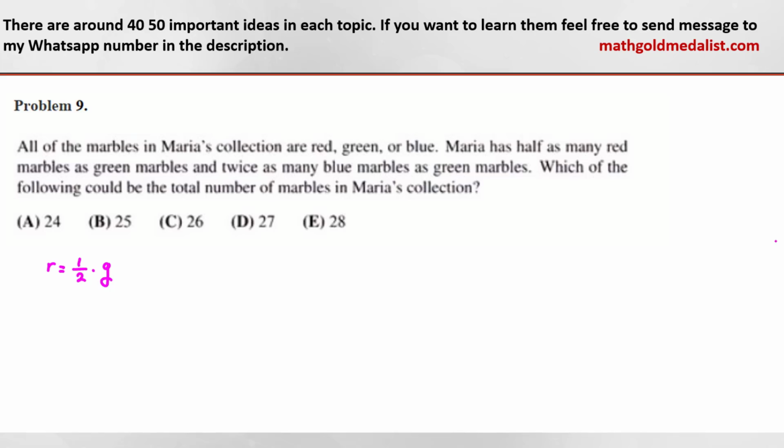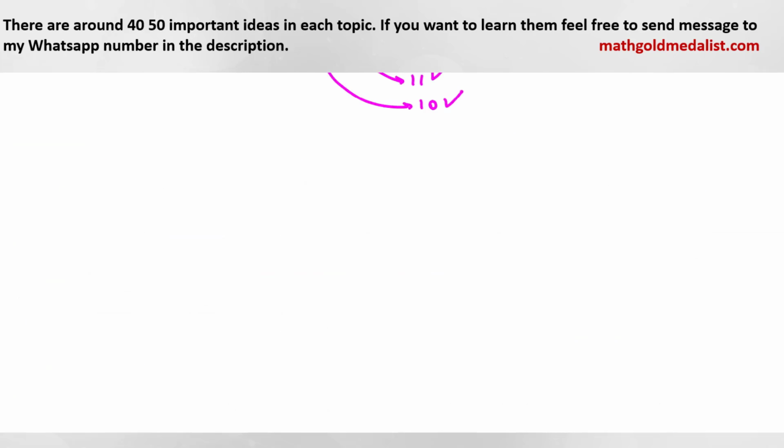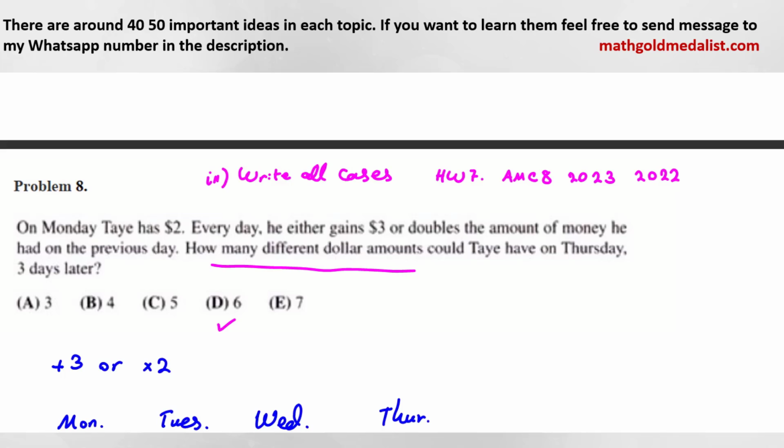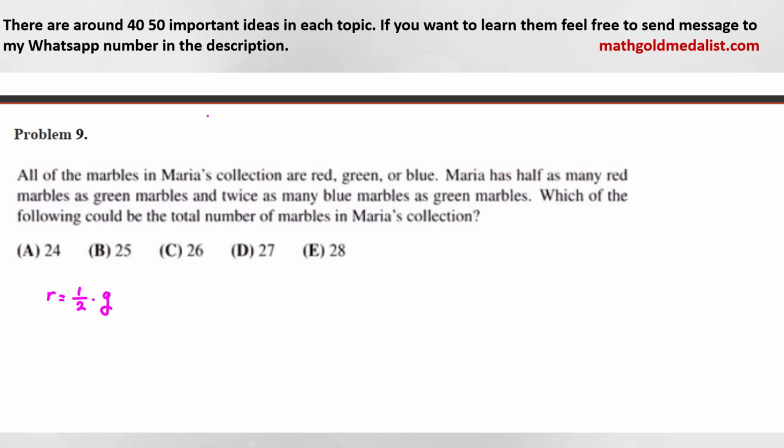Next one. So this one is related to, you should translate a word problem into equations like this. So it will be idea what? We had idea 11, idea 12. So here, translation from a word problem to equations.